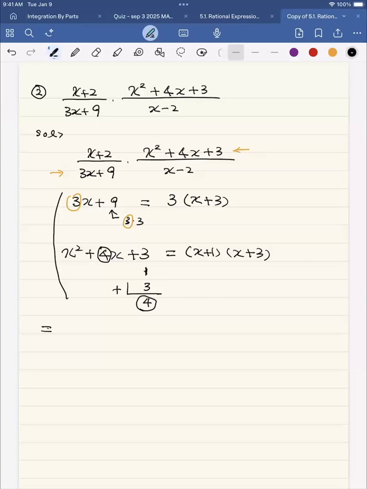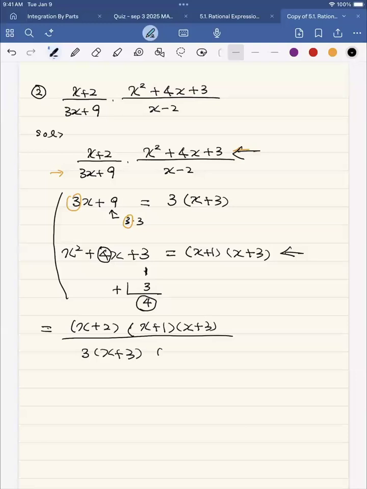Then let's transfer that here. X plus 2 times another numerator was decomposed to x plus 1 times x plus 3 over 3 times x plus 3 times x minus 2.